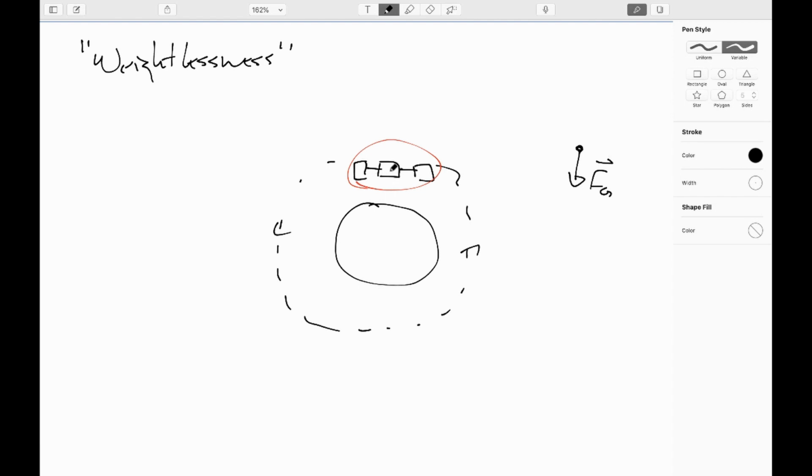Since the force of gravity is always directed to the center of motion, by Newton's second law, and it's the only force, the net force points to the center, which means the acceleration also points to the center. And we've already seen that if the acceleration is always perpendicular to the motion, you go around in a circle.